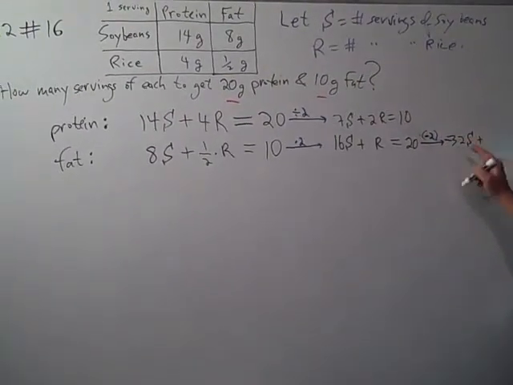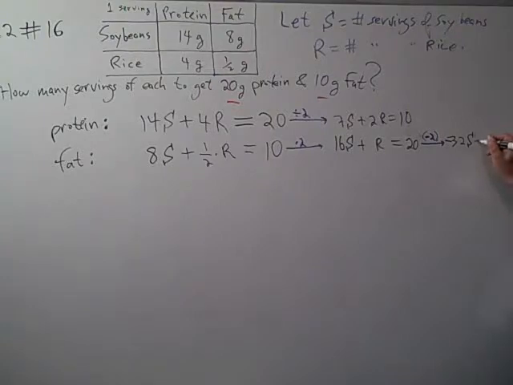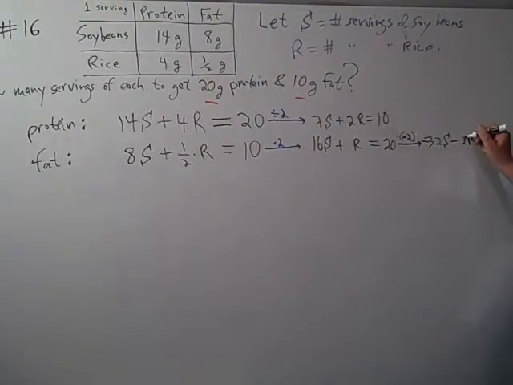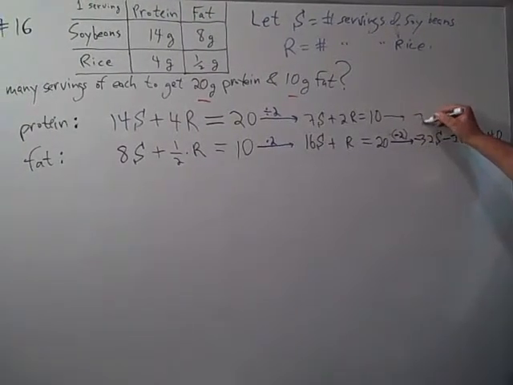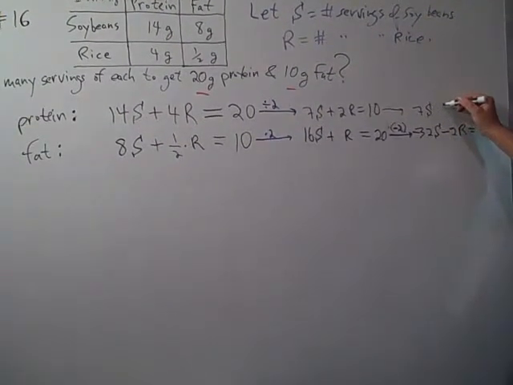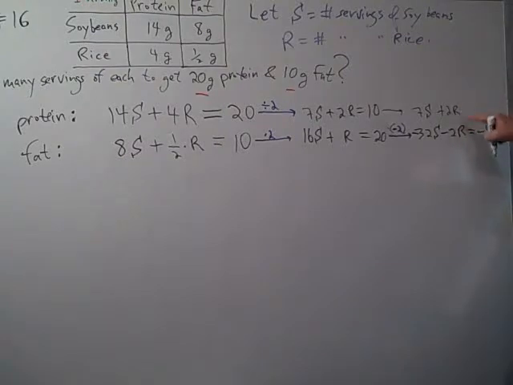Then we end up with negative 32S and negative 2R, and that's equal to negative 40. Negative 2 times 20 is negative 40. The first equation we simply bring straight over, so we have 7 S's plus 2 R's, so the R's will cancel out when we add the equation, equals 10.